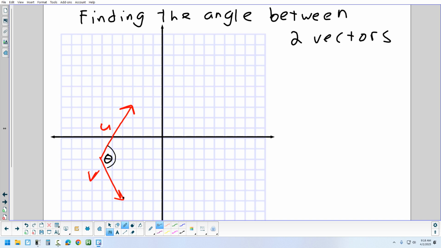Does anyone see how I could combine these two vectors together and it would give me the third side? So we don't need a new name for it like W. It's the third side. You can combine U and V the right way, and it will automatically give you a side that looks kind of like that.